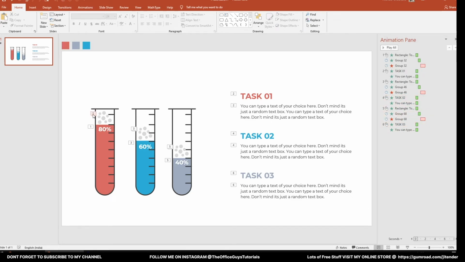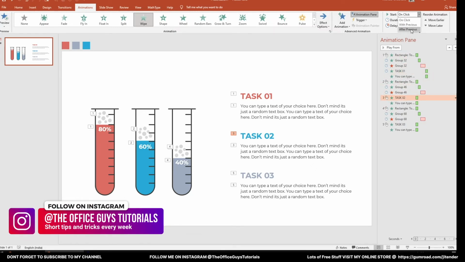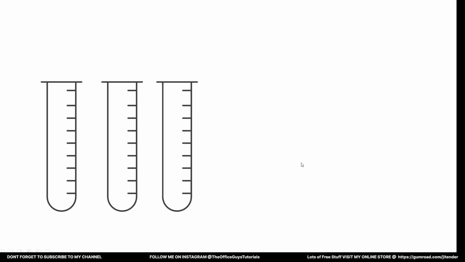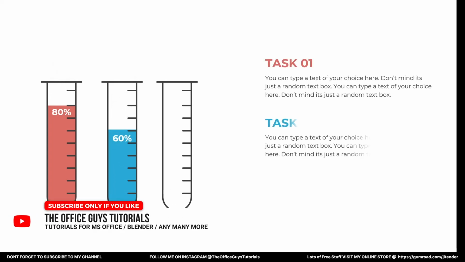So you can see the order: 1, 2, 3, 4, 5, and 6. I want this task 1 to start as soon as the previous finishes, so after previous, and same thing, task 2 also after previous, and task 3 also after previous. So let me just show you what is happening here. So task 1, task 2, and task 3.